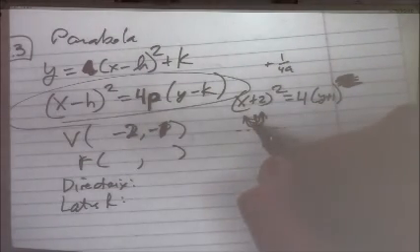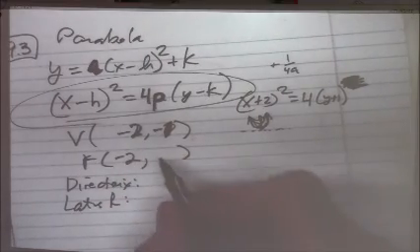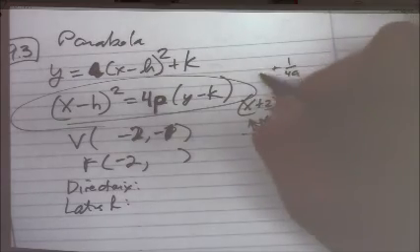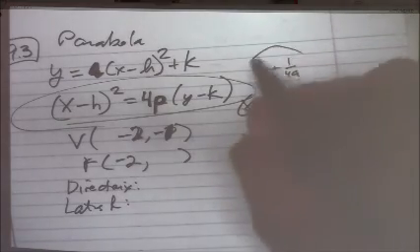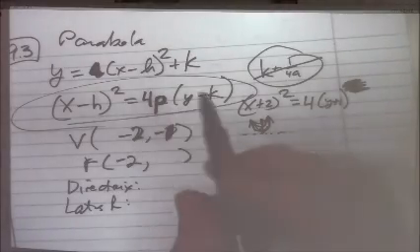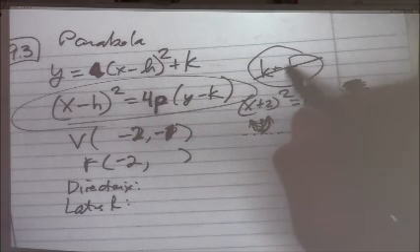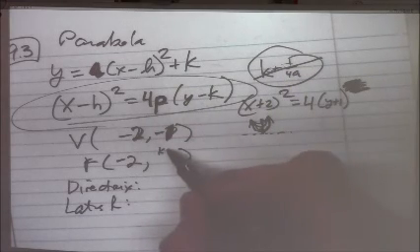So to find that focus point, we're going to be on the same axis of symmetry, but we have to do something with this. You had learned last year to use k plus 1 over 4a. Well, this is easier, because you can find what p is, and it's actually k plus p.